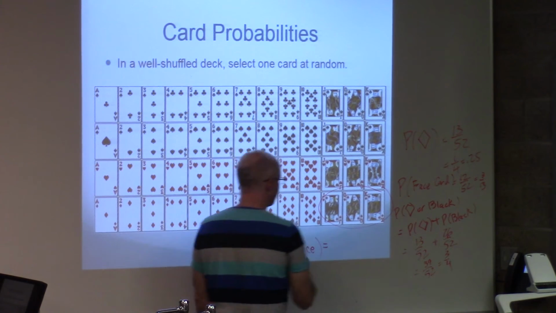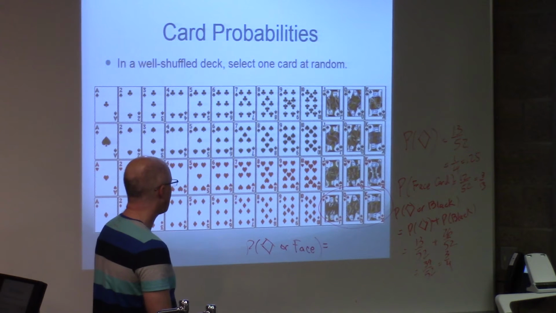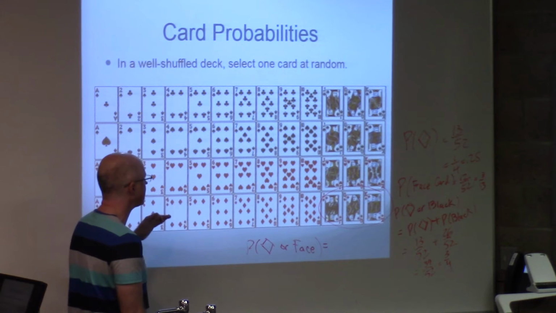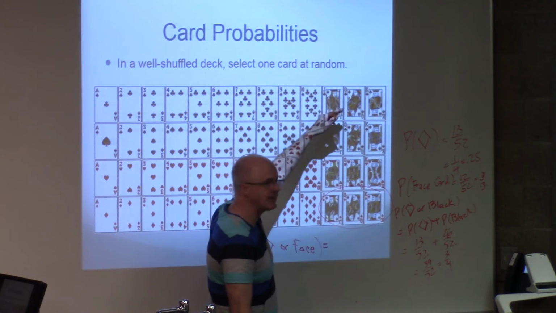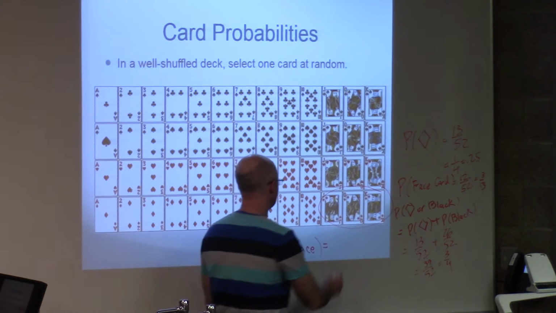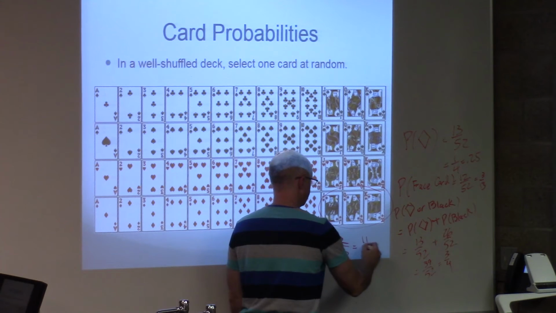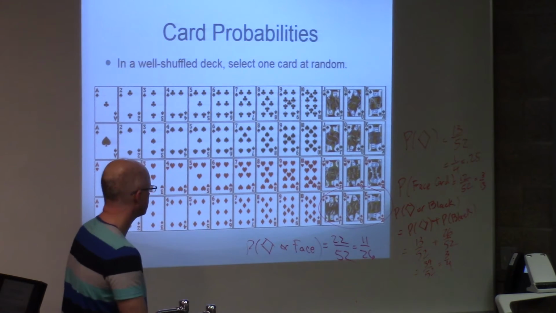If you added those probabilities, you would be double counting those. So effectively, there's 2 ways to do it. There's a formula that I'll talk about next time, but you also can count the total number of diamonds and face cards. 13 here, plus 9 more, giving you 22 out of 52 that are diamond or face, which reduces to 11/26, which is, I don't know, close to 0.4.